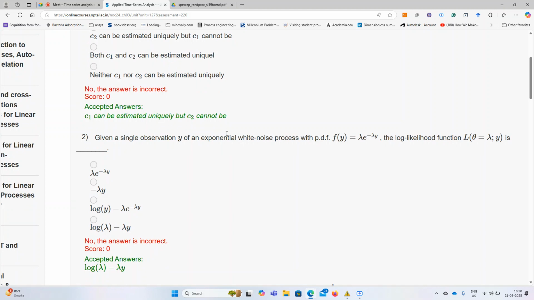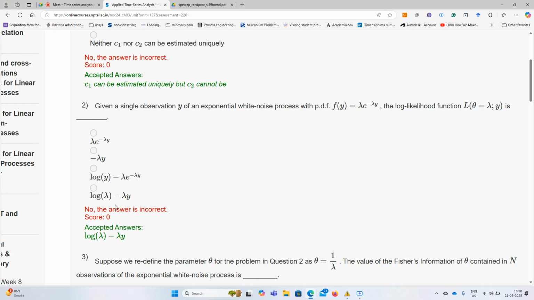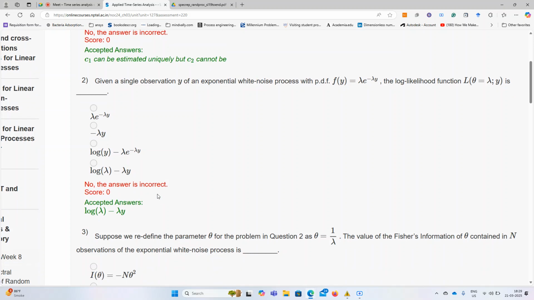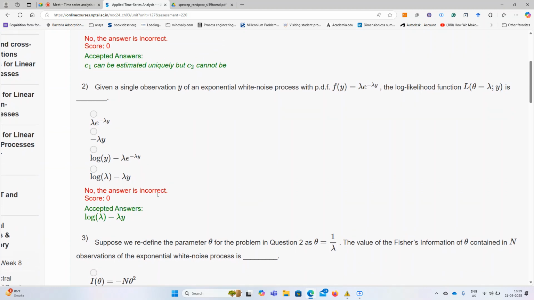You have to just use this function, it's very easily given already in the examples done by sir. So its answer will be d log lambda minus lambda y equal to 0.